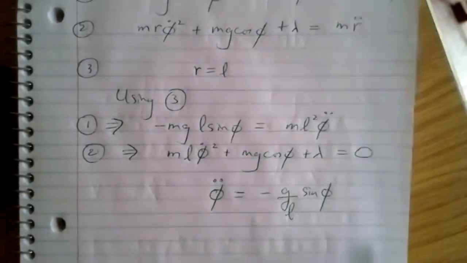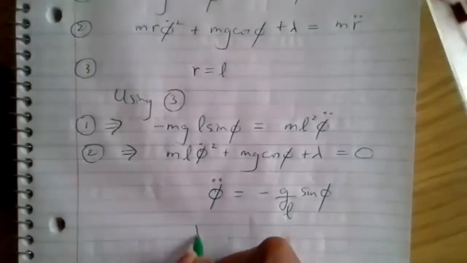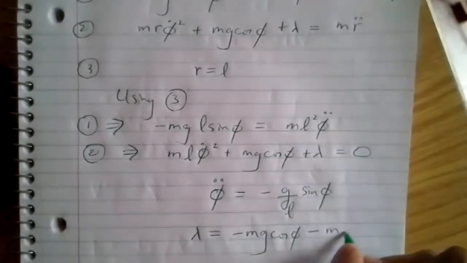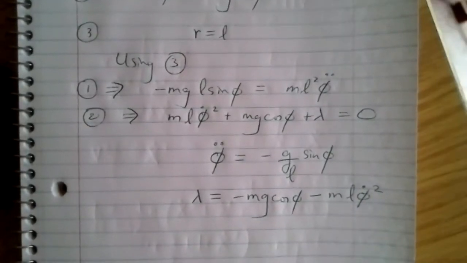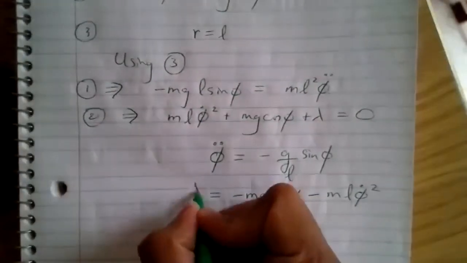We can solve for lambda, and what we get is lambda is equal to minus mg cosine phi minus ml phi dot squared. All right, what was the point of that? There is a physical interpretation to this lambda. Let's think about what it's doing.